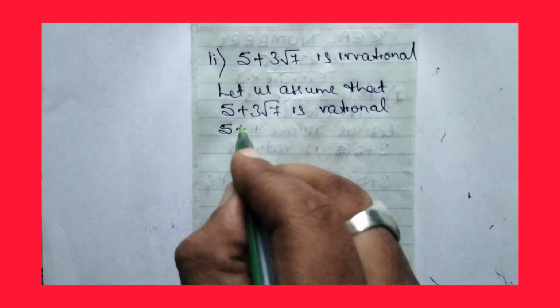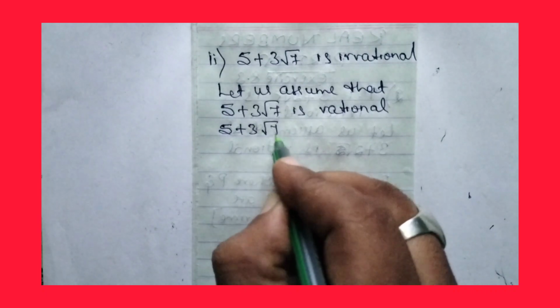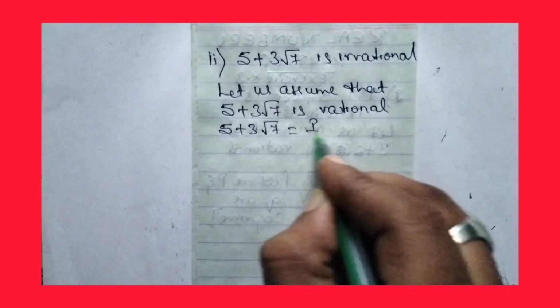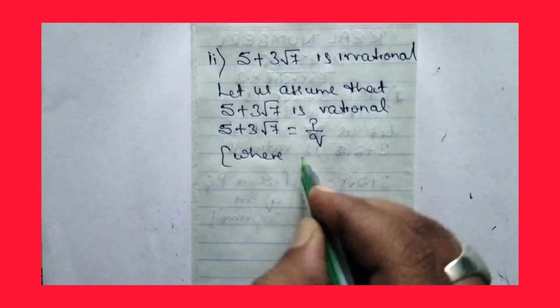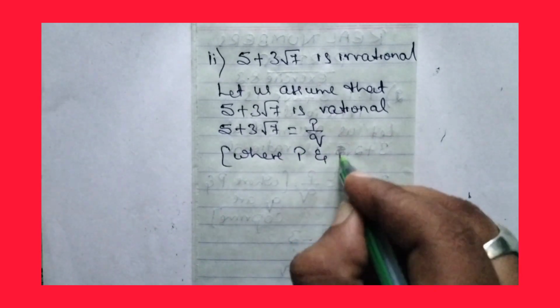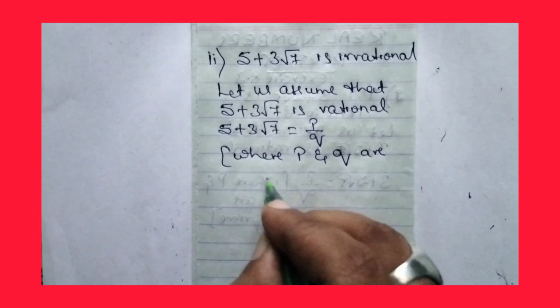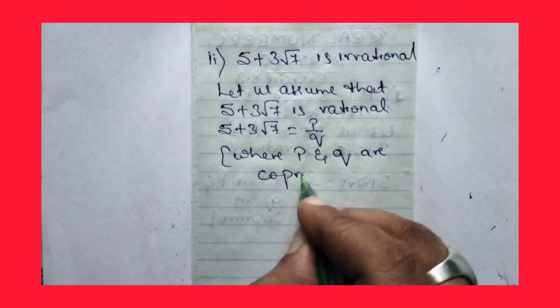So 5 plus 3 root 7 is rational, means it is equal to p by q, where p and q are co-prime.